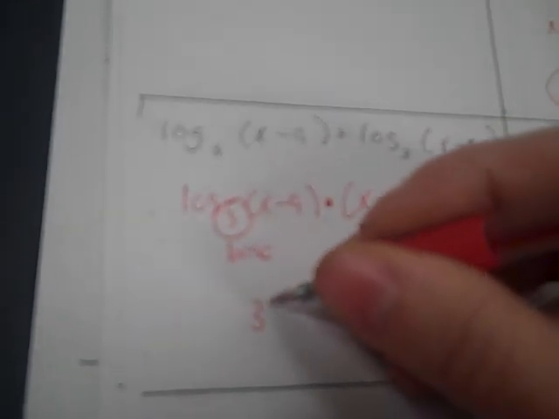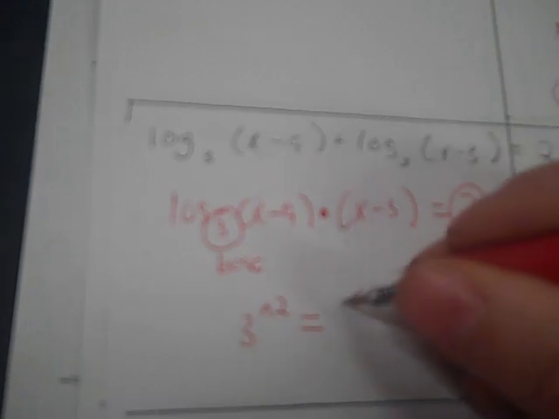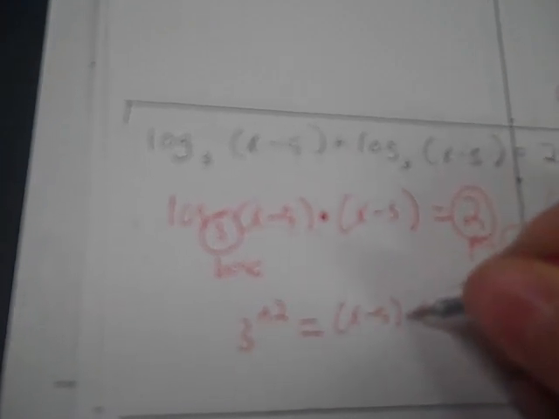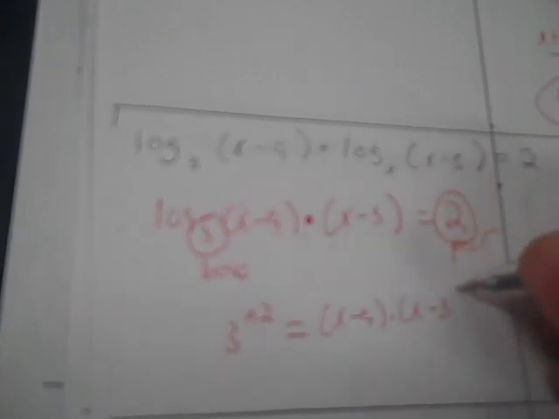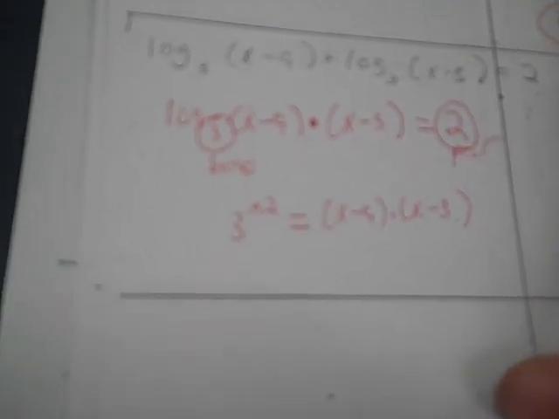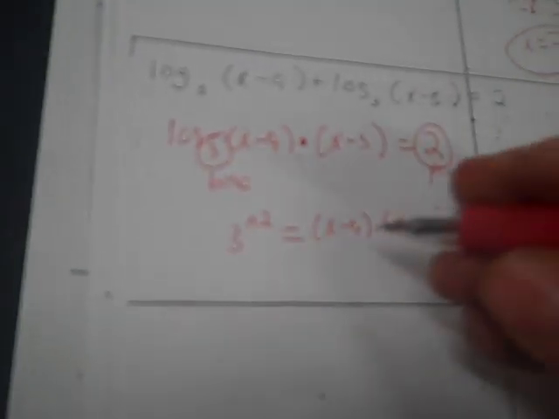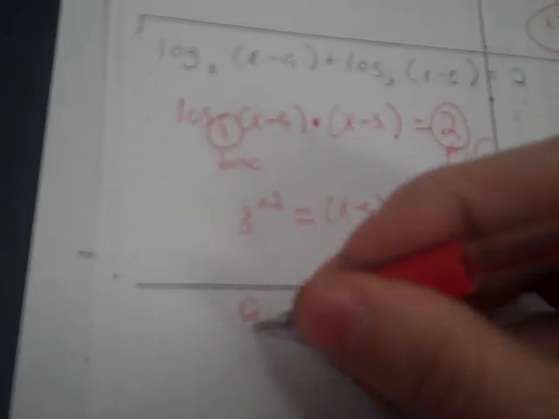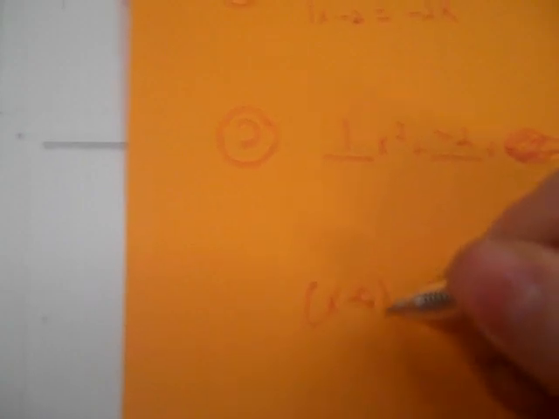That's my power. So I write 3 to the second power, and write all this here: parentheses x minus 9 times parentheses x minus 3. And that's how the logarithm gets removed. Now simplify the equation. 3 to the second is 9. Use your scratch paper to find the product on the other side.